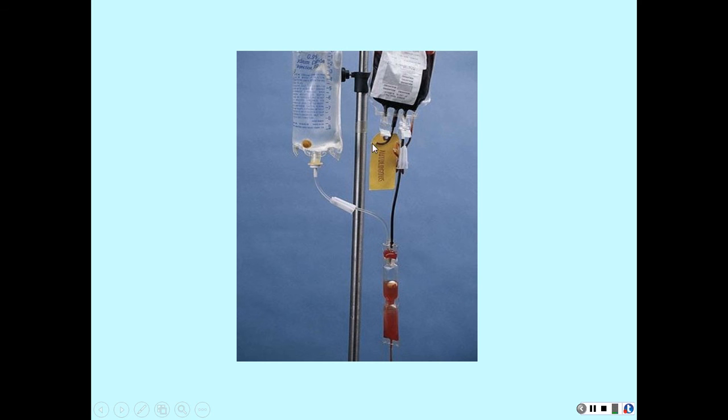Okay? So you're going to prime your tubing. Go ahead and hang your normal saline. Now, this is not something that you're going to take this setup and piggyback it into another line. All right? You need a separate thing for blood, a separate site.